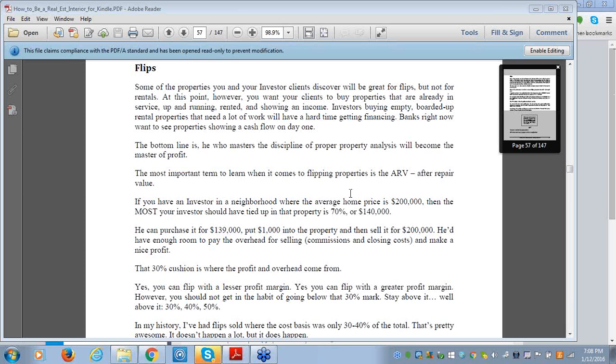A couple quick points here. What I'm going over is from the Investor Agent Training Program, Module 2. Okay. We do have another training program that's geared specifically towards flipping. And from time to time, I actually will pull content from that training program and other training programs too, like how to buy rentals. I don't know that we'll do that tonight.